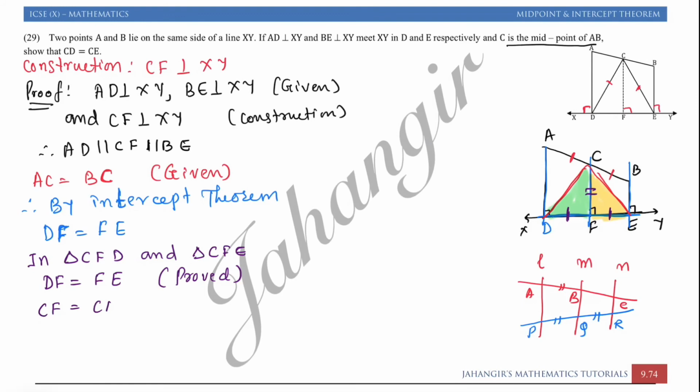CF is equal to CF, common side, and third is angle CFD is equal to angle CFE, each angle 90 degrees.